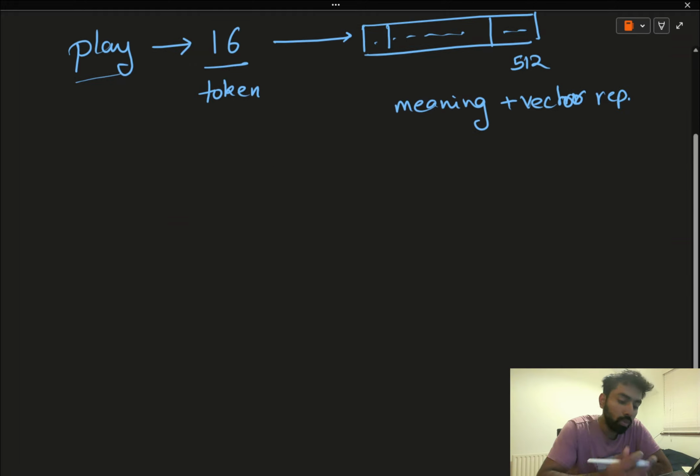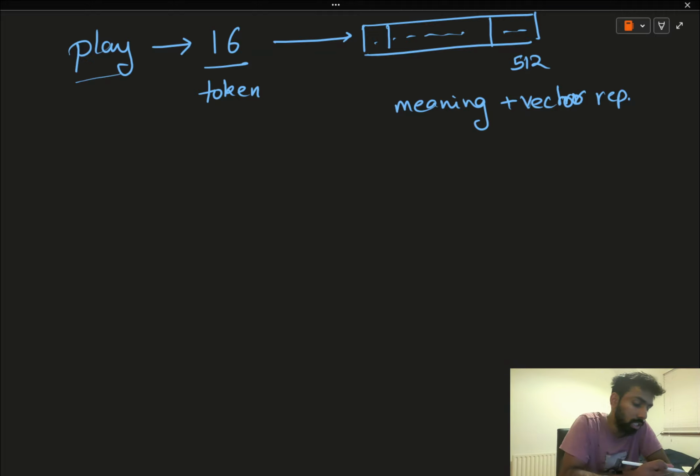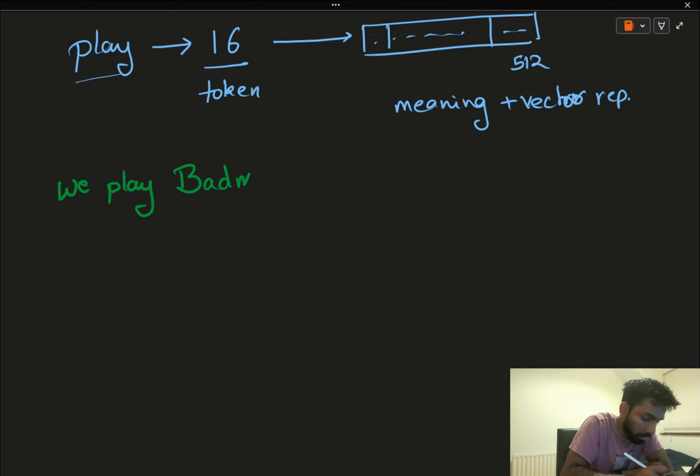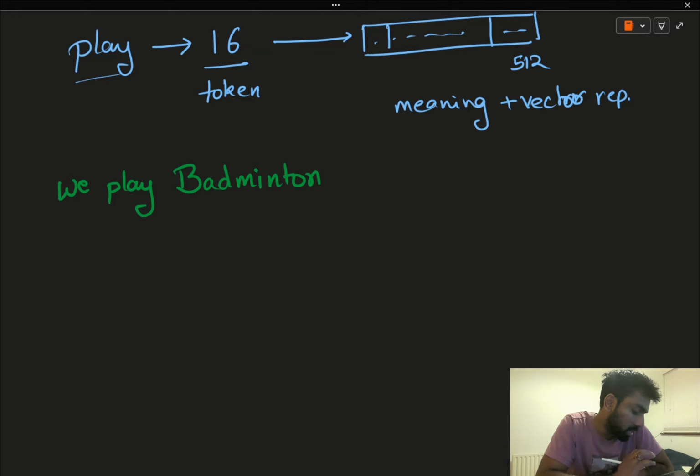Okay, moving forward, now we want to capture the position of the word, because the moment the position changes in a sentence, the meaning also changes. So let's, for example, consider one sequence, let's just say we play badminton.